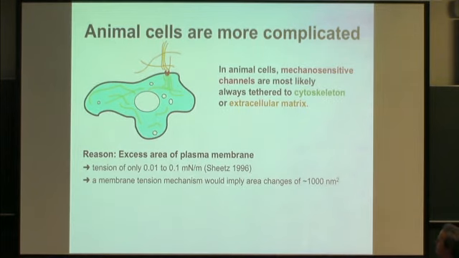Mike Sheetz and his group measured membrane tensions of animal cells a while ago, and their typical values are in the micronewton per meter range and not in the millinewton per meter range. If you inflate eukaryotic cells like Dictyostelium to such a level, they will just explode. The membrane is too unstable to sustain such high tensions.